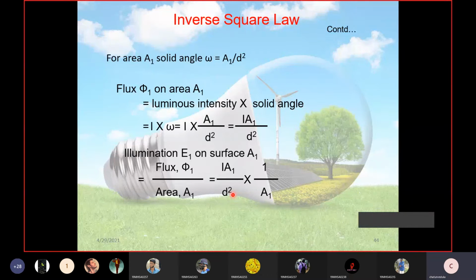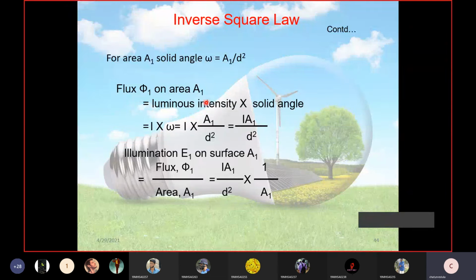Again I am going to repeat this for you. In case of area A1, the solid angle omega is equal to A1 by d square, and flux is equal to luminous intensity into solid angle. Directly we can avoid this step and write it here itself. Luminous intensity is represented with I and solid angle with omega. We know omega is A1 by d square for surface area A1.